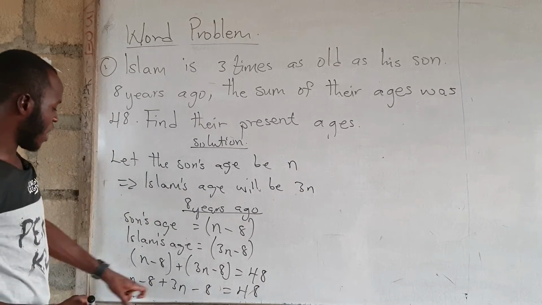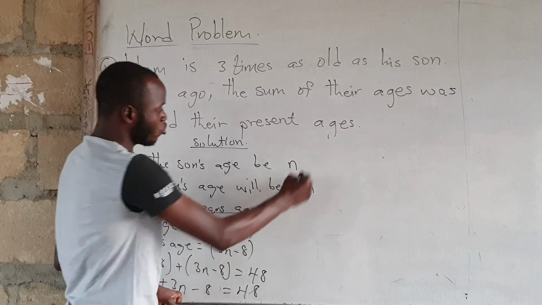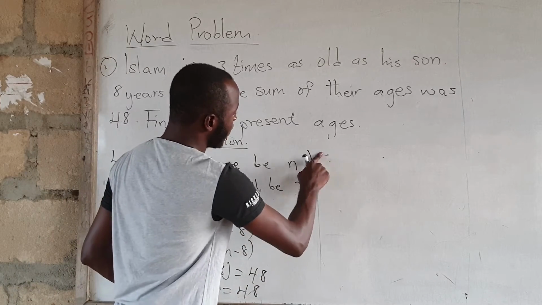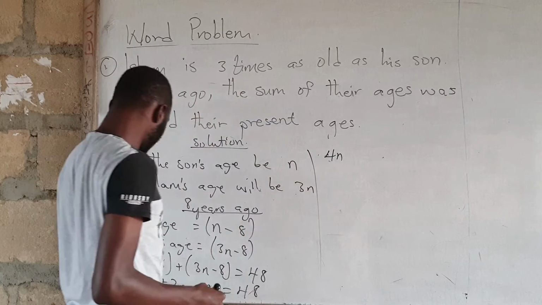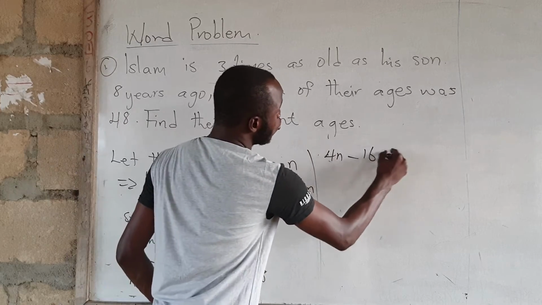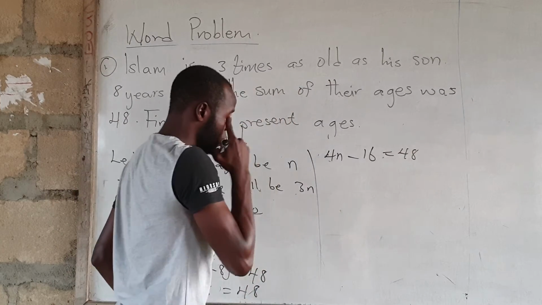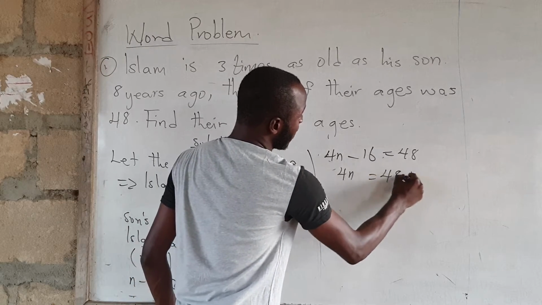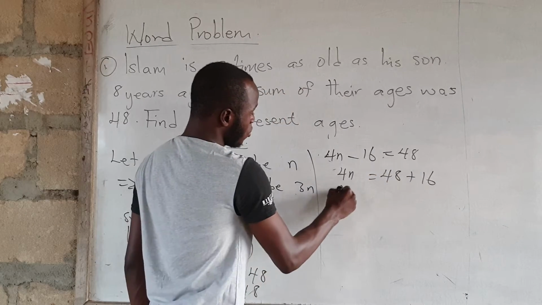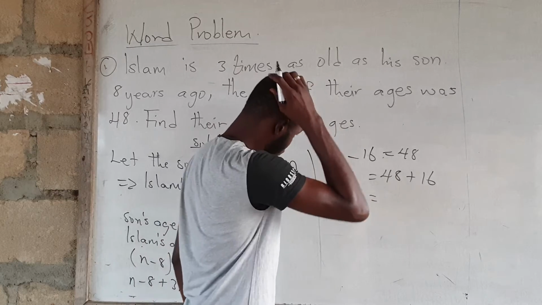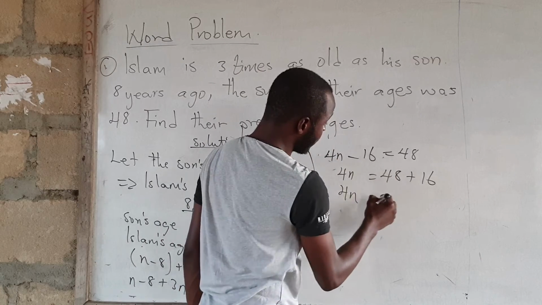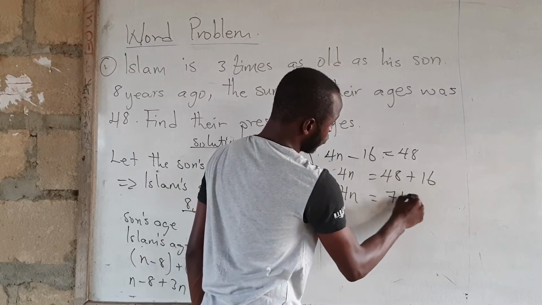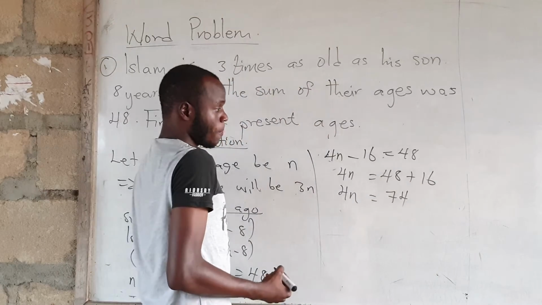Now let's see, n here, so you add them, you get 4n minus 16 equal to 48. So 4n will be equal to 48 plus 16.